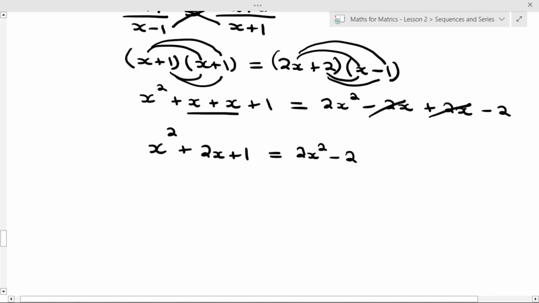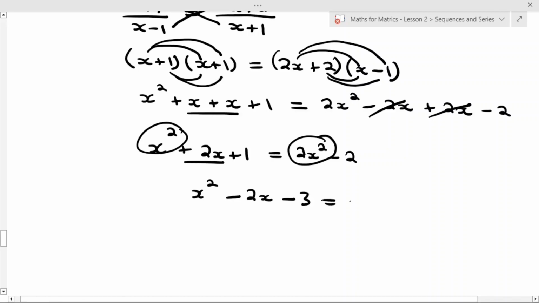Now, let's look at the like terms and group them on the right-hand side of the equation. 2x squared minus x squared is equal to x squared. If we move 2x to the right-hand side, it becomes minus 2x. And minus 2, minus 1, is minus 3.